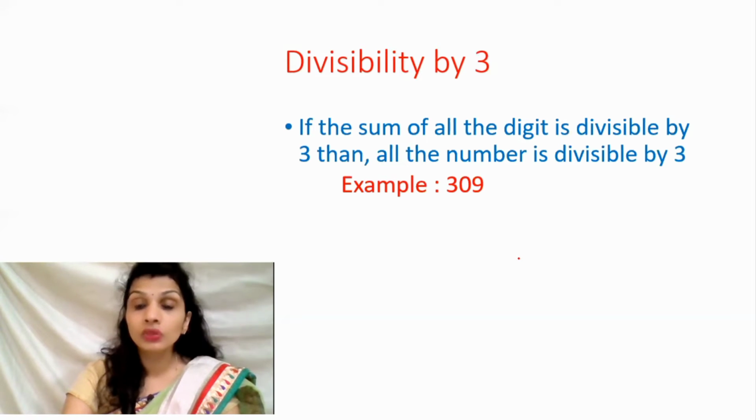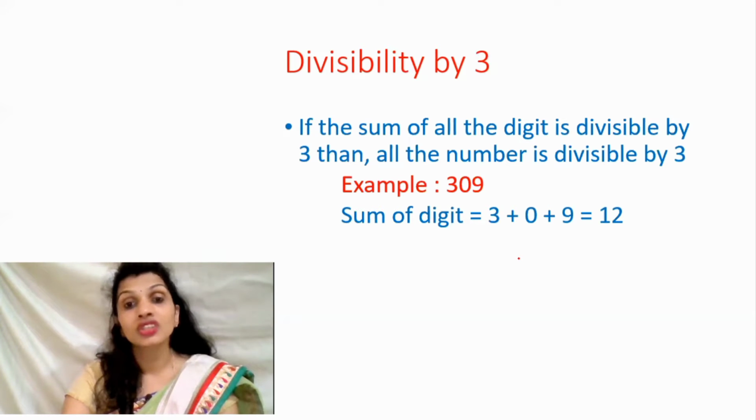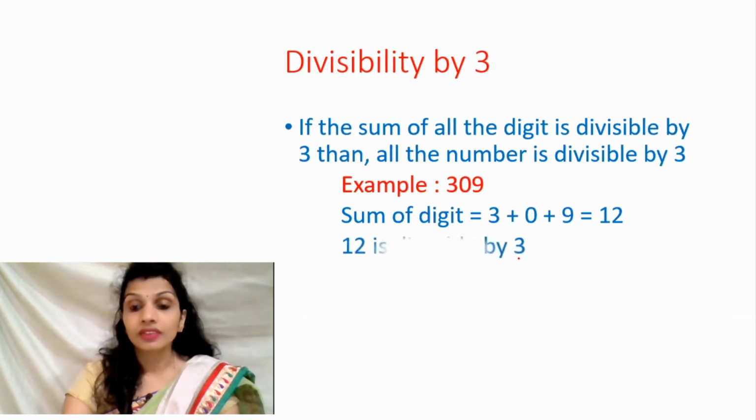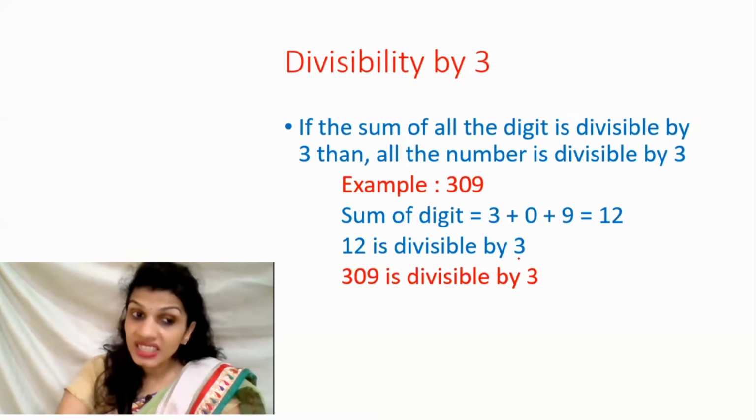So what are we going to do? We are going to sum all the digits. 3 plus 0 plus 9 will be how much? 12. Yes. And you know that 12 is divisible by 3. So 309 will also be divisible by 3. It means that 309 is divisible by 3 and the remainder left will be 0.